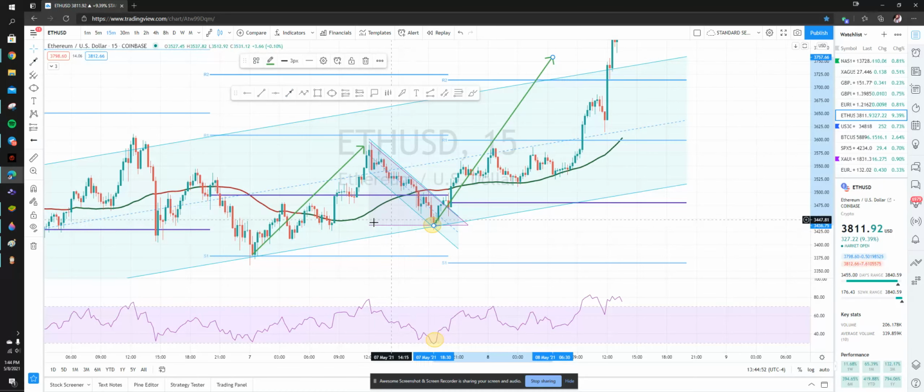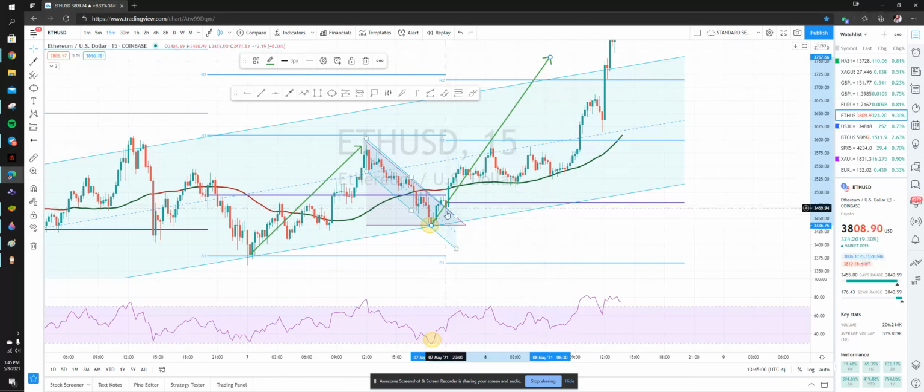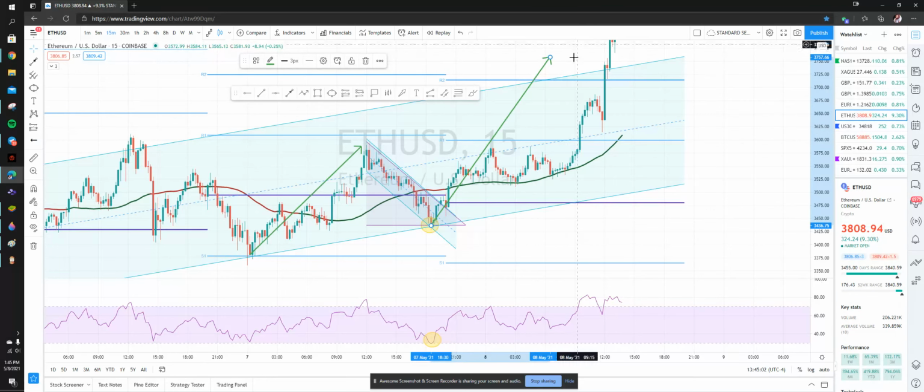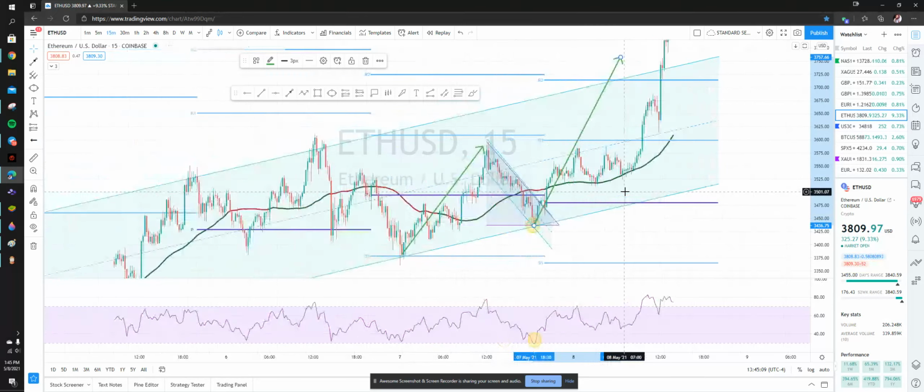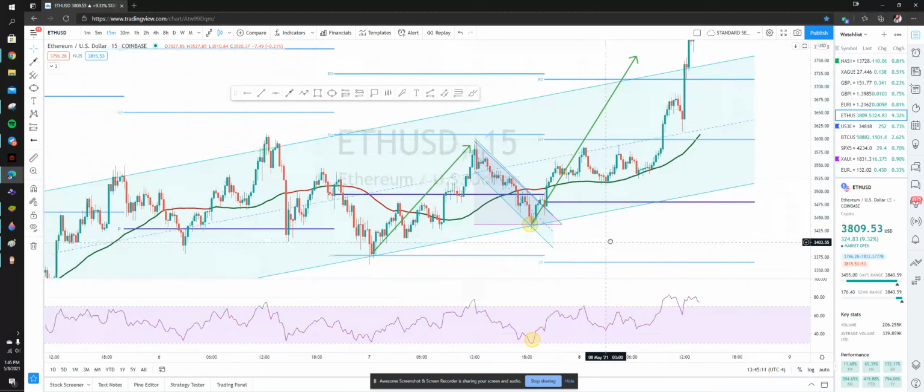So that's a bullish flag pattern. You have a big push up, consolidate to the downside before going up and continuing with the direction it was already going in. So that's a continuation pattern. That was another way that we knew price was going to go up. And it was actually another reason.